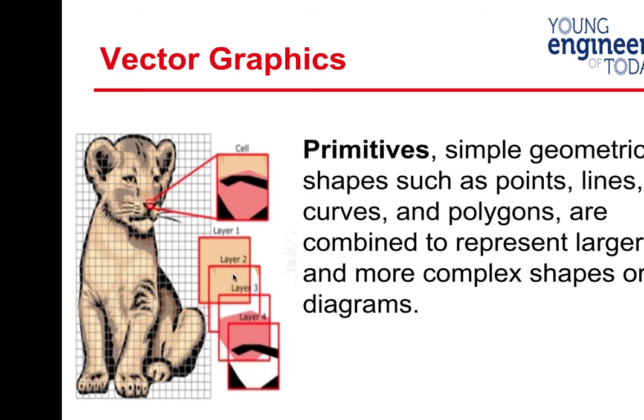All of these simple shapes combine to represent a more complex diagram. That's also essentially what we're doing in Tinkercad. We take simple shapes, a sphere, a cube, and combine them to come up with complex shapes, like Darth Vader or a penguin.